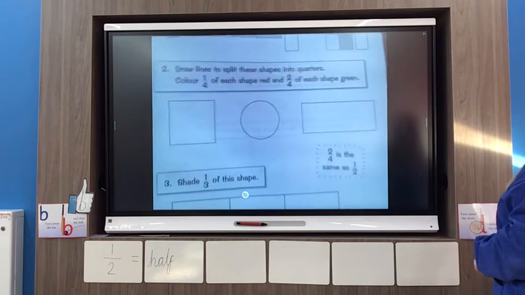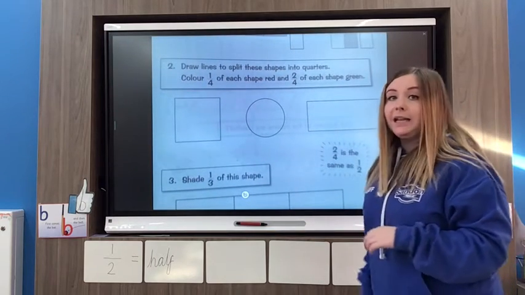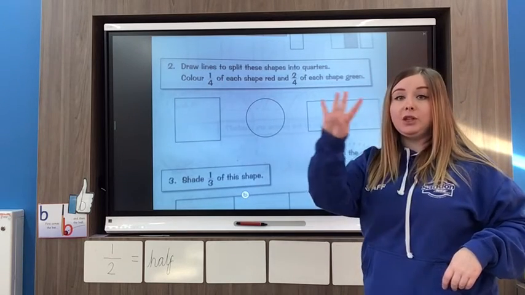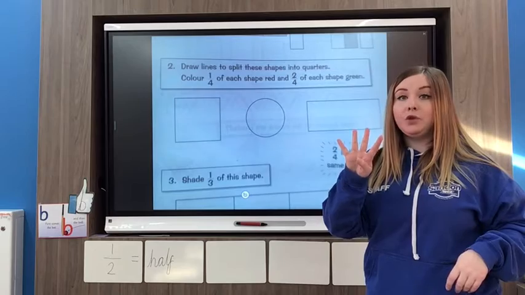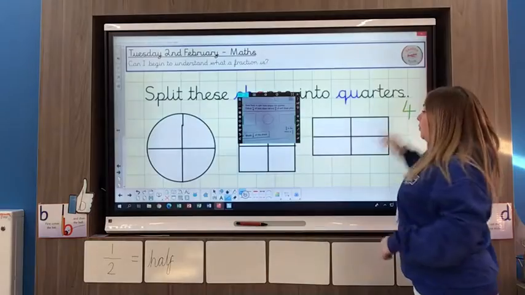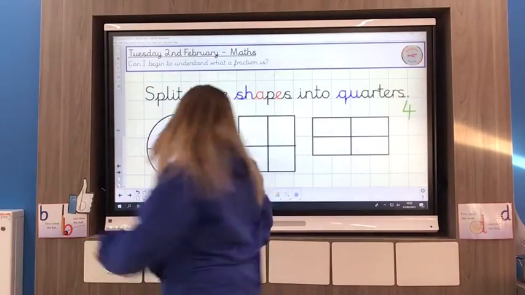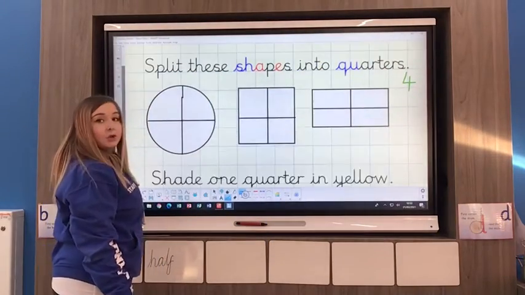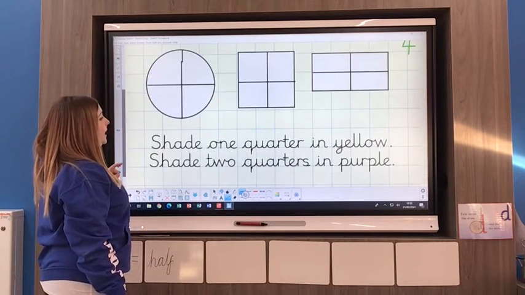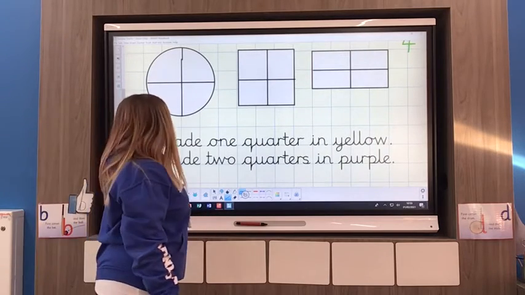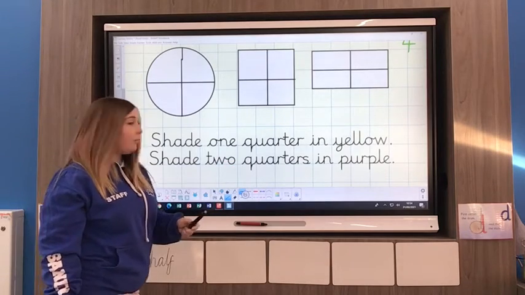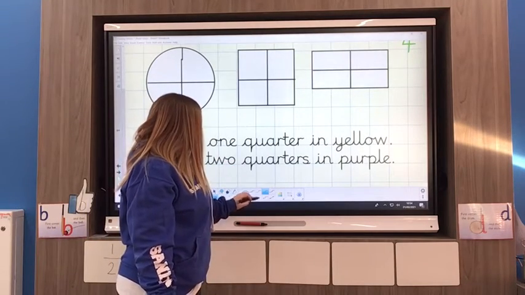So if we have a look at question 2, that's exactly what you've got to do now. Draw lines to split these shapes into quarters, into 4 pieces, just like I did on the board. Okay. Once you've done that, we're going to do a little bit of colouring. So please try and find some colours at home. So it says to shade 1 quarter, so 1 out of your 4 pieces in yellow.